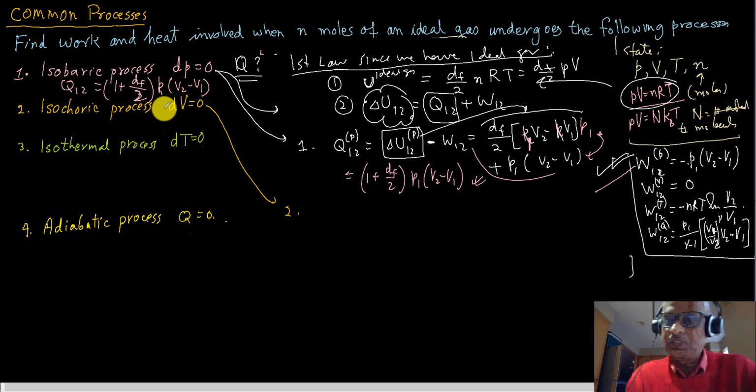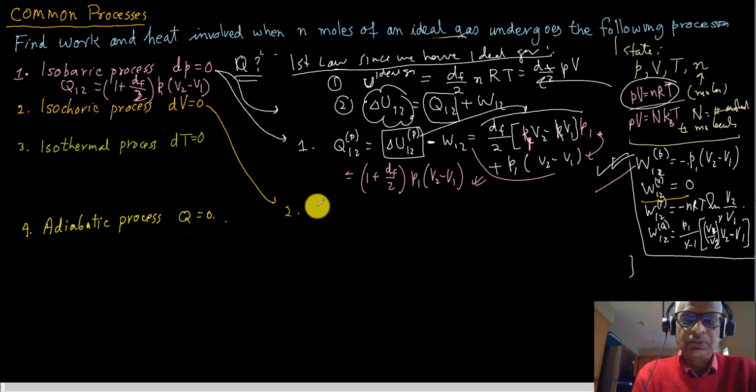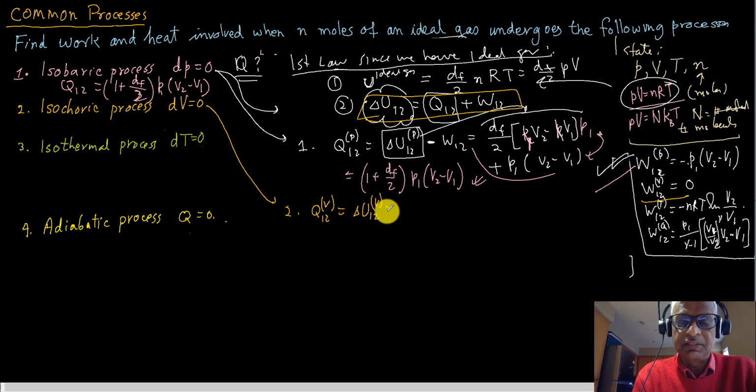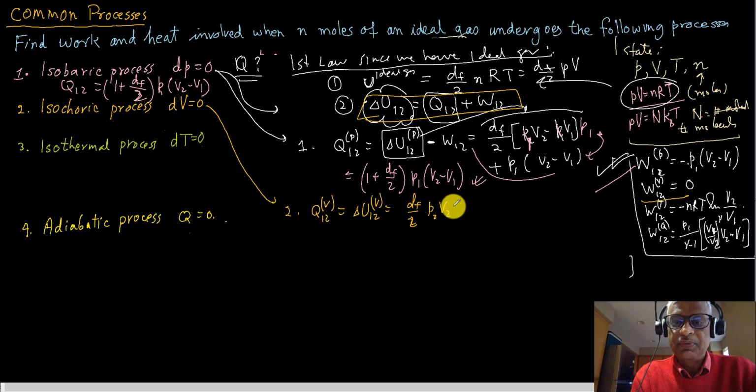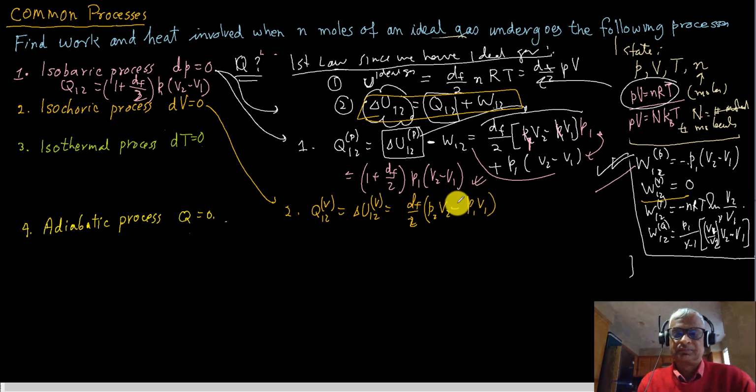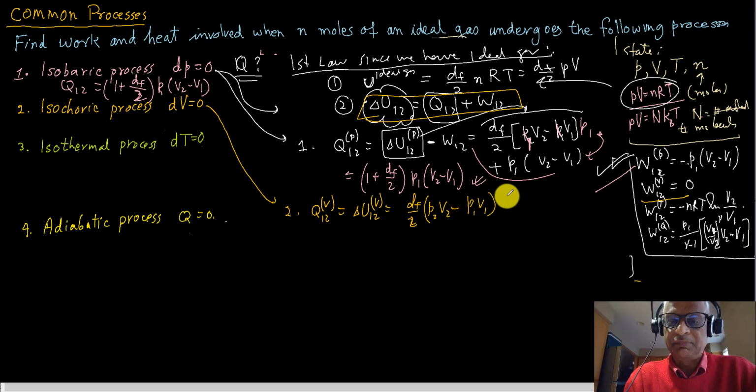In the isochoric process, we have work equal to 0, so Q12 for the isochoric process will, from this law, simply be delta U12, since this is 0. And that's just df over 2 times P2 V2 minus P1 V1. Now V2 equals V1, so I can pull that out.